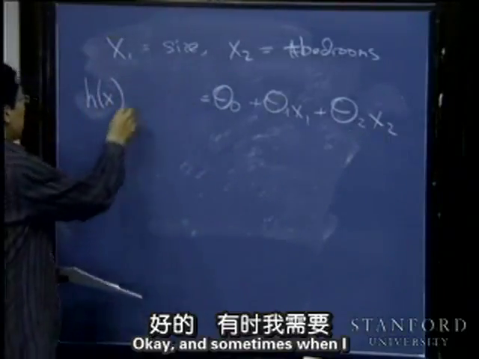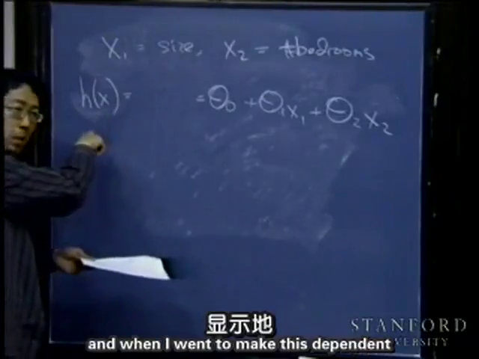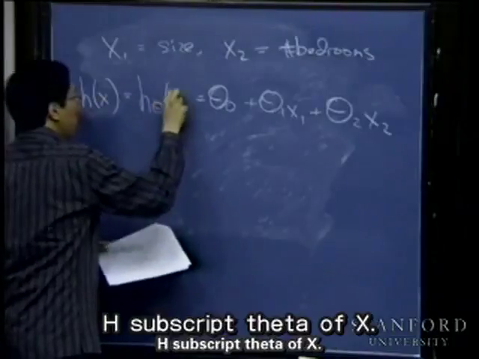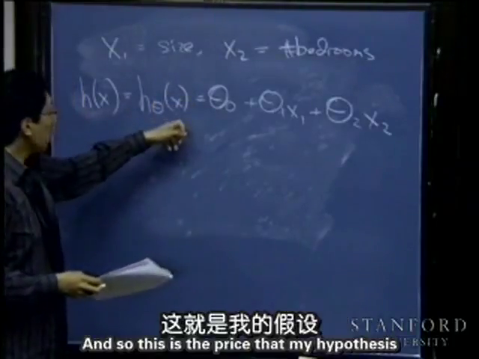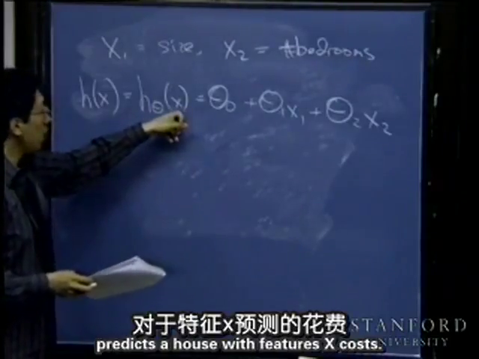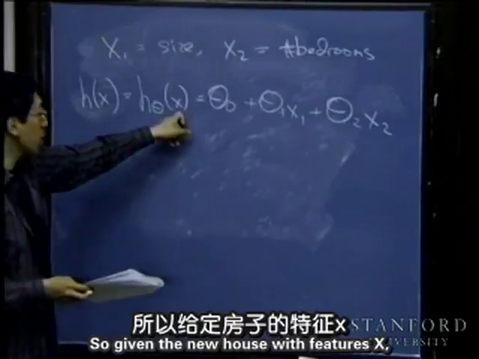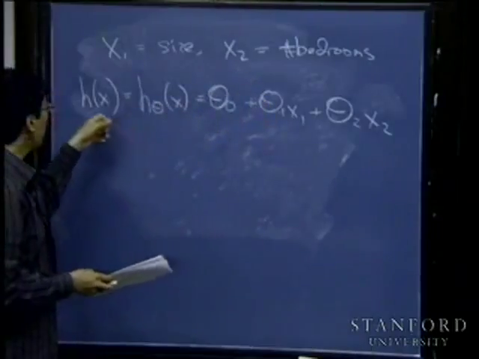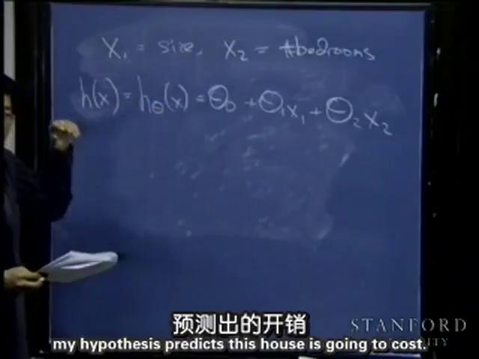And sometimes when I want to make its dependence on the thetas explicit, I'll write this as h subscript theta of x. And so this is the price that my hypothesis predicts a house with features x costs. So given a new house with a certain size and a certain number of bedrooms, this is the price that my hypothesis predicts this house is going to cost.